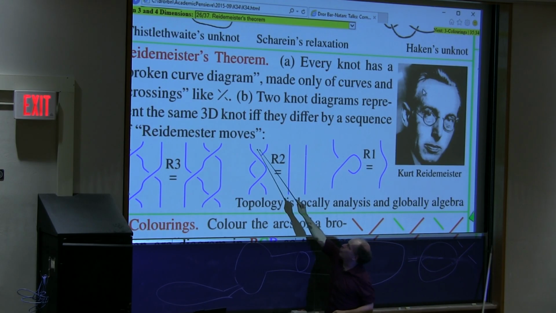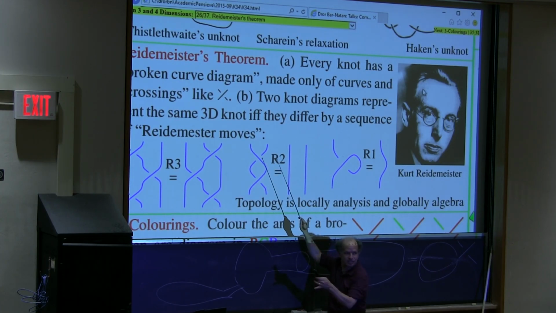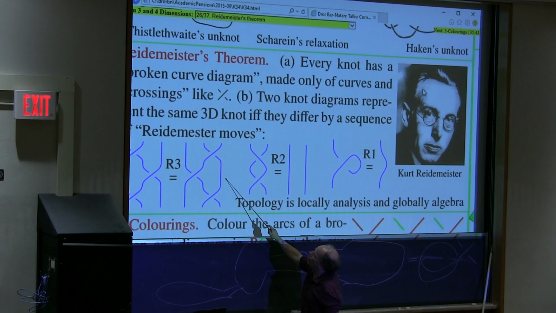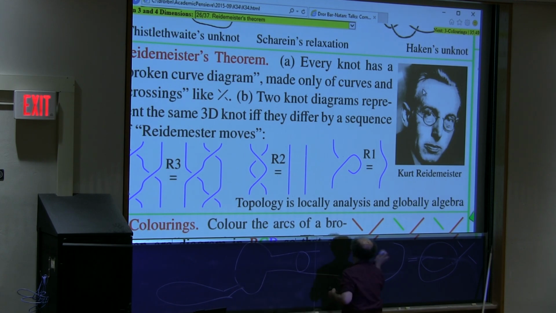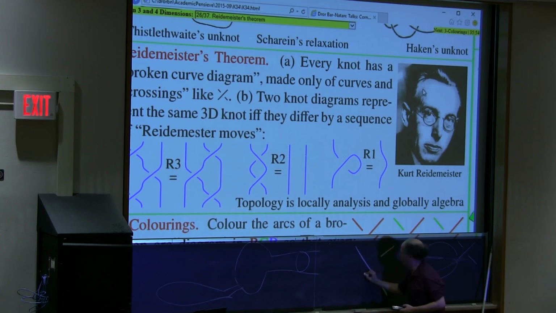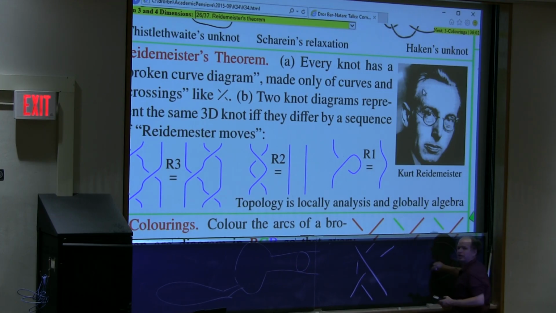When you see one strand going over another one in two places in the same sense next to each other, you can again undo it. And finally, what is this one? Maybe, instead of explaining it, I'll redraw it in a nicer way. Basically it says, if you have a crossing and a third strand going underneath it on both sides, then you can slide this one to the other side so as to get this picture.